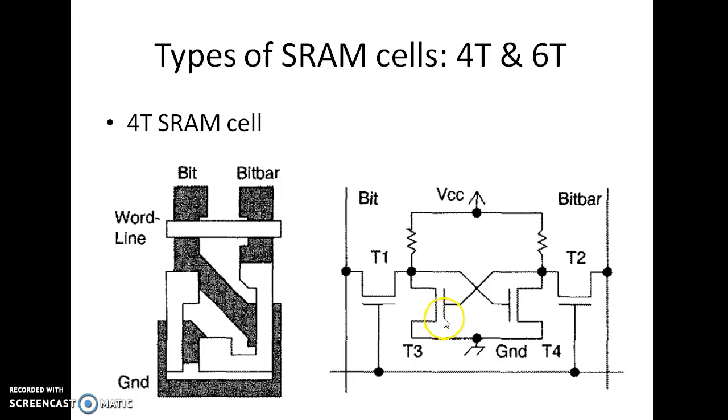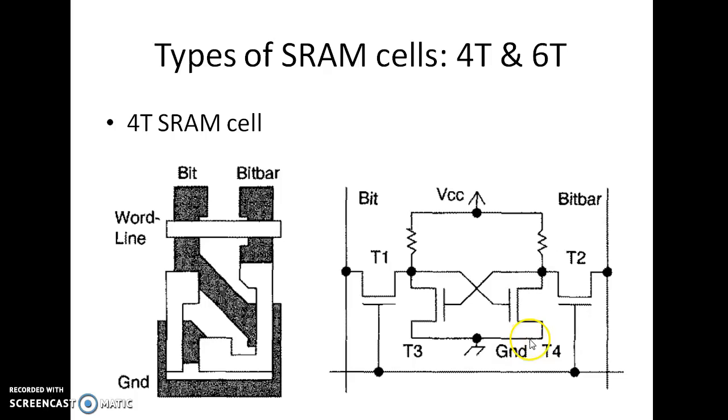So if you assume this is one inverter, this is the second inverter, and the output of this inverter is given as an input, similarly the output of this inverter will be given to this. So it is nothing but a cross-coupled inverter, just the alignment is different. And I think you know what this is. This is a pull-up resistor. These 2 are pull-up resistors.